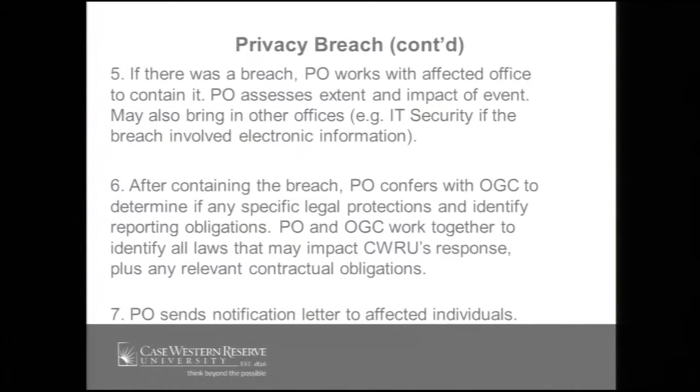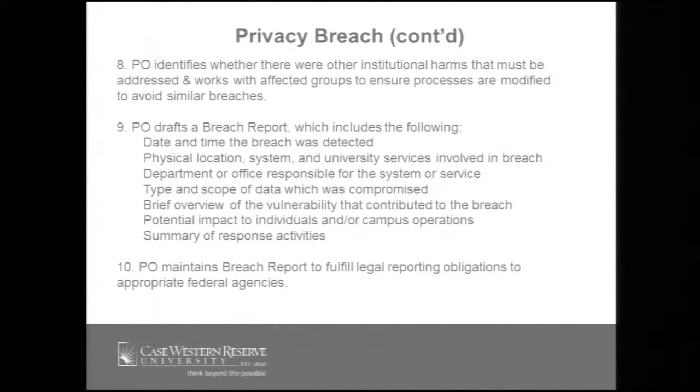An important part of this discussion is for the privacy office to analyze the risk of harm to individuals affected by the breach. Based on these considerations, the privacy office often sends notification letters to affected individuals. The privacy office identifies whether there were any other institutional harms that would need to be addressed and would work with the affected groups to foster an improvement of processes.